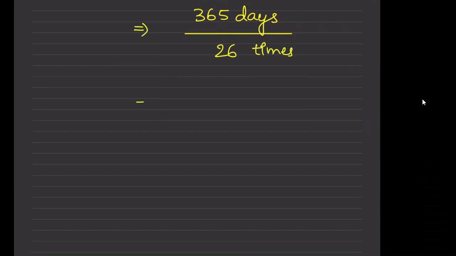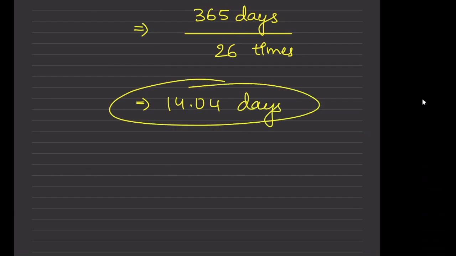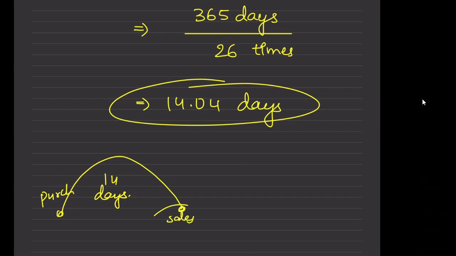So 365 divided by 26 would be 14.038, that is 14.04 days. I would say every 14 days, whatever I am purchasing in 14 days, it is becoming sales.